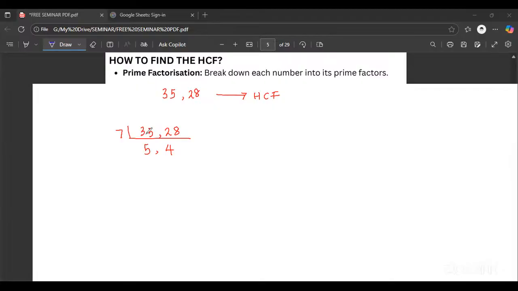When it comes to that, you will stop your HCF working from there. You won't do further. That's the ending point of your HCF. Which means your HCF is gonna be 7.